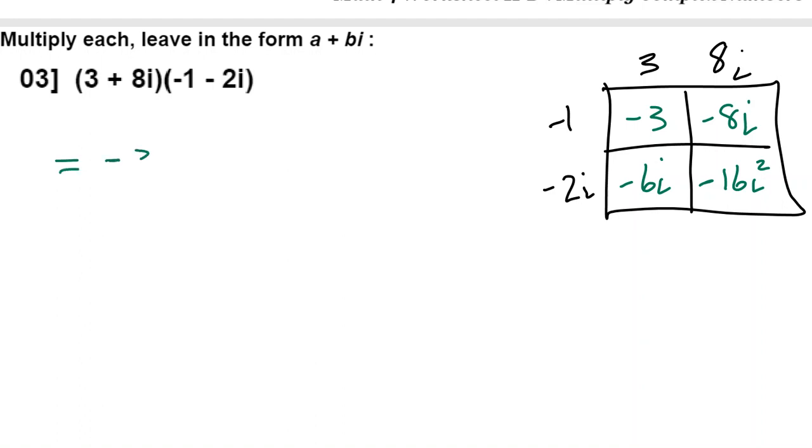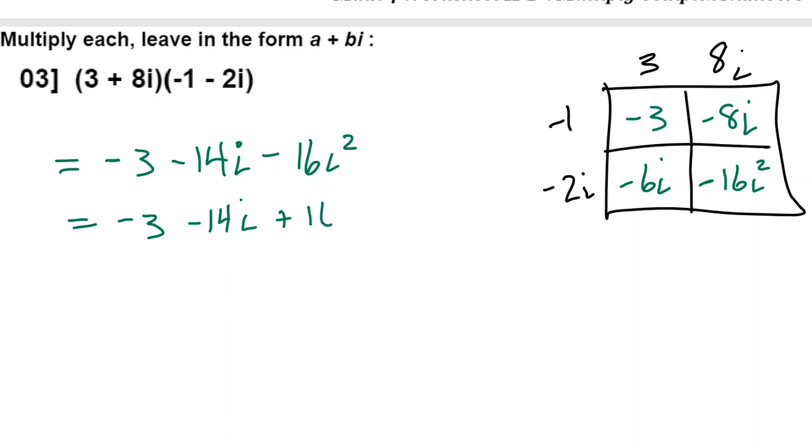So we're going to have -3, minus 6 minus 8 is minus 14i. And minus 16i squared, well, the i squared is a -1, which makes this a plus 16. -3 plus 16 is 13 minus 14i.